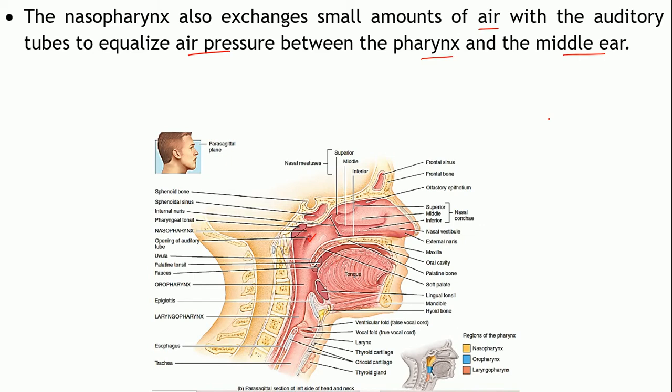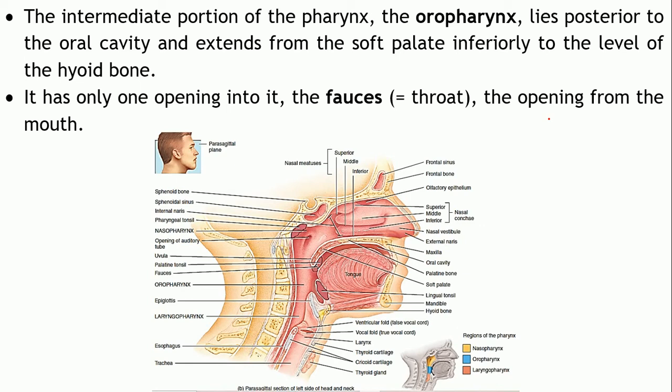the auditory tubes. Okay, now coming to the next part of the pharynx, that is the intermediate portion or the middle portion, that is known as the oropharynx, as it is associated with the oral cavity. So it lies just posterior to the oral cavity. So it extends from the soft palate inferiorly to the level of the hyoid bone.